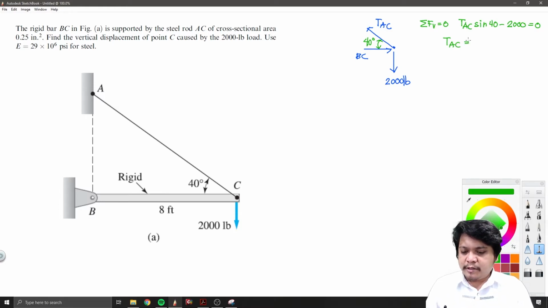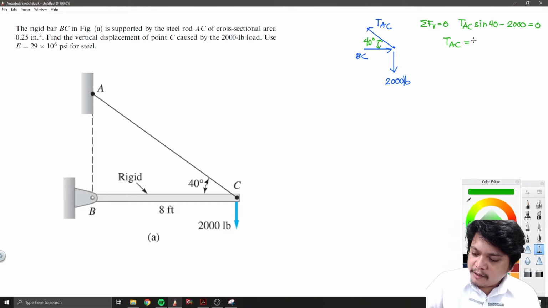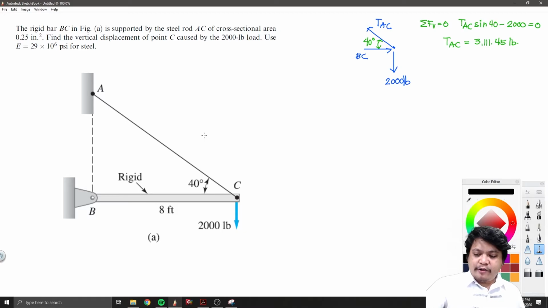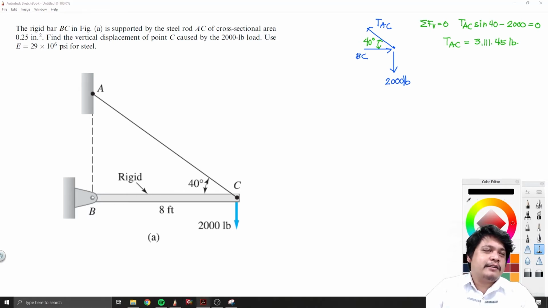So, that is 2,000 divided by sine of 40. So, you will be having here 3,111.45. Ano yung unit nito? Pounds. Okay. So, meron na ako ngayong TAC. And TAC is actually, ang tawag natin dito, iyon yung pinaka-force na natin.